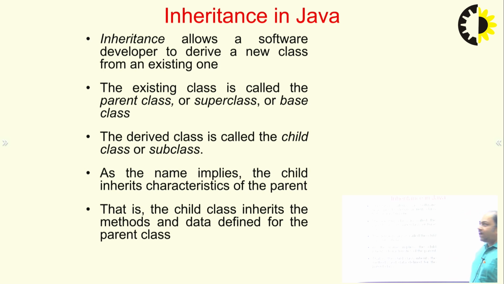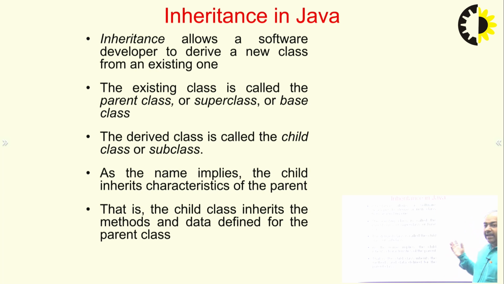When we create a class, which is known as parent class, super class or base class, some of its properties can be derived by another class which we call child class or subclass. With this, software developers are allowed to create a new class from an existing one.